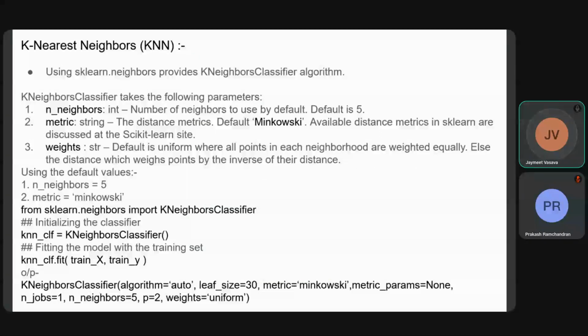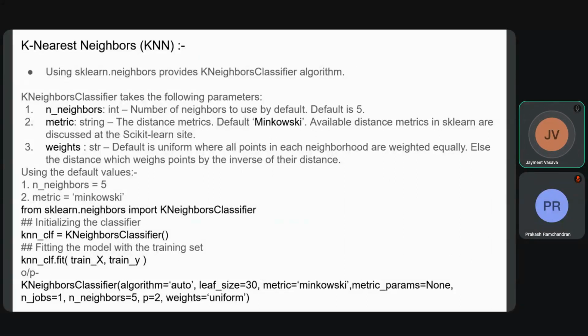For implementing the K nearest neighbors in our Python implementation, the sklearn.neighbors module is used to import the KNeighborsClassifier algorithm, which takes some of these parameters. First is n_neighbors, which is an integer type, the number of neighbors to use by default, and its default value is 5.